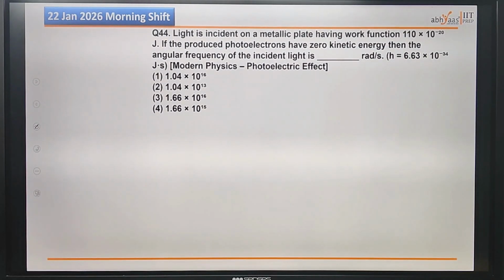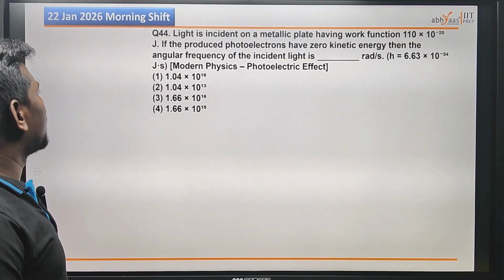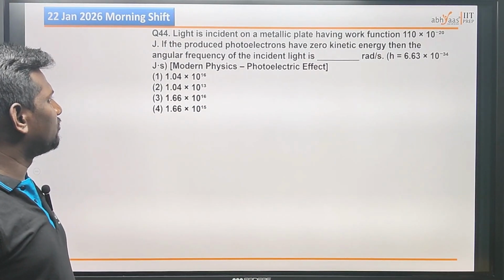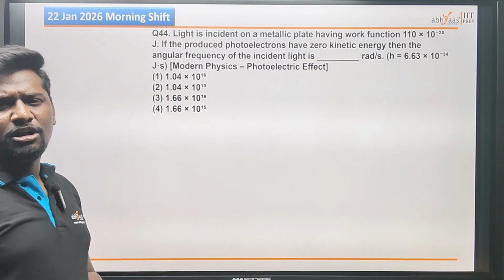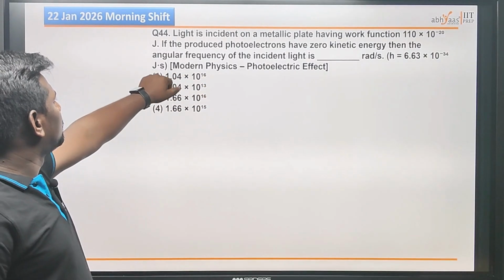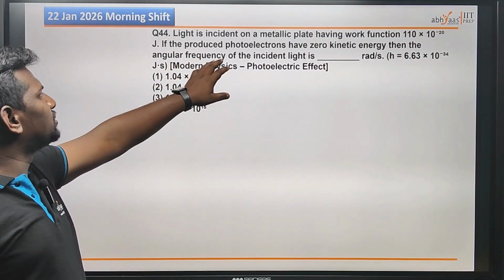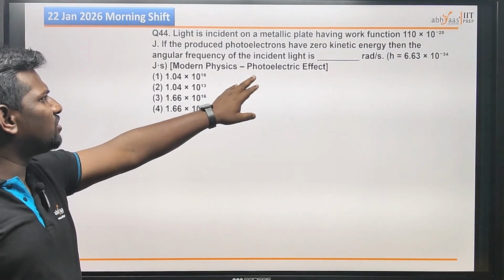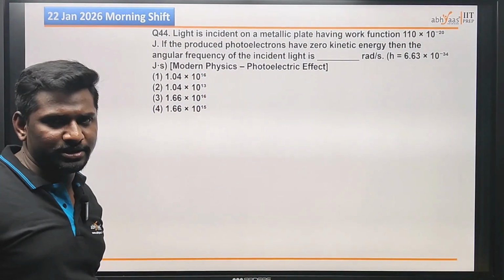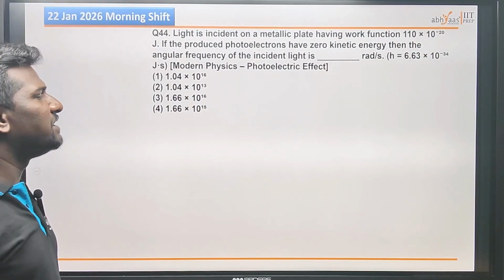Next one, see here, question number 44. Light is incident on a metallic plate having a work function, which is from the photoelectric effect, modern physics. If the produced photoelectrons have zero kinetic energy, then the angular frequency of the incident light. What they are asking? Angular frequency, omega.